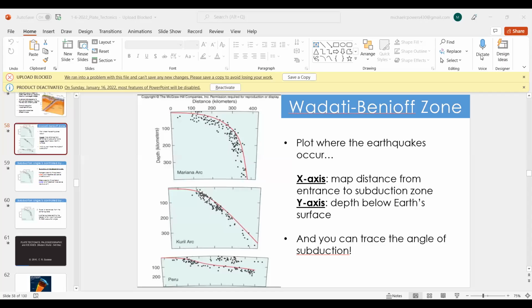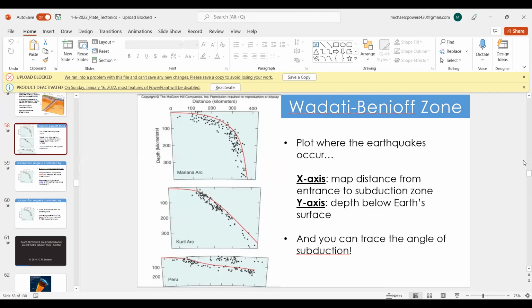Okay, so Wadati Benioff zones are just basically where we're mapping out earthquakes in cross section. So along each of these graphs, the y-axis is depth into the earth, the x-axis is distance from that trench where we have convergent plate boundaries.